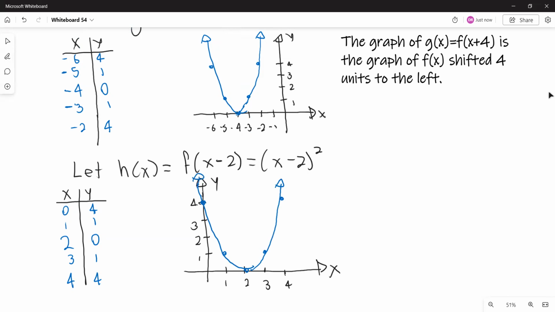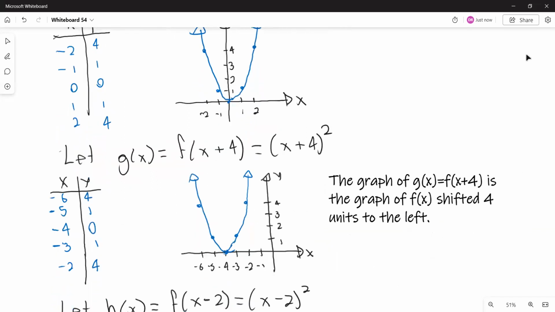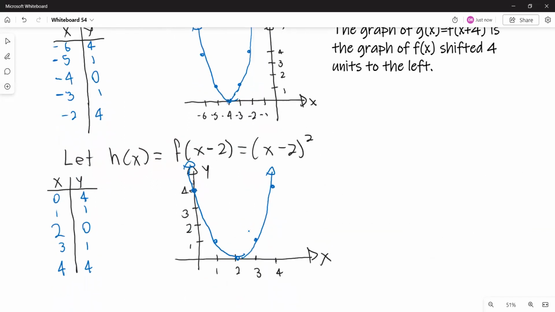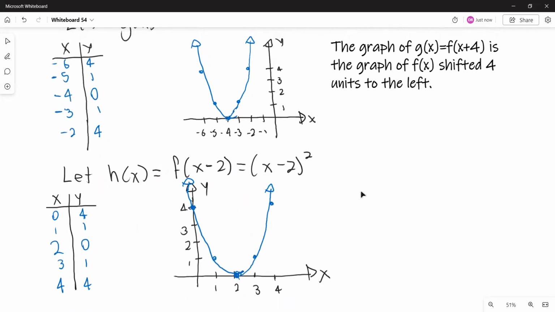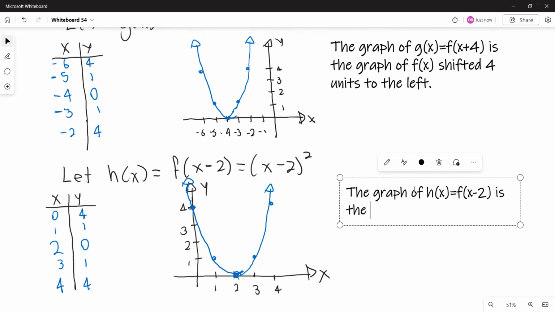You compare this to the graph of x squared, the squaring function. It's the same graph, but it's shifted 2 units to the right. So we're going to write another note that the graph of h of x equals f of x minus 2 is the graph of f of x shifted or translated 2 units to the right.